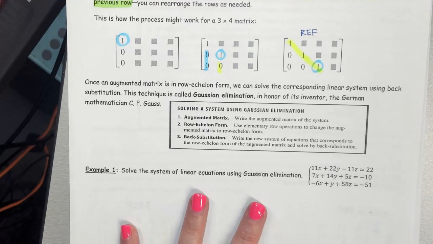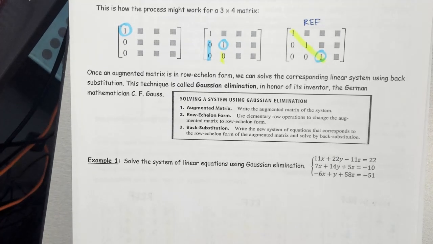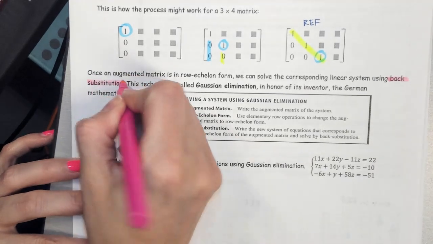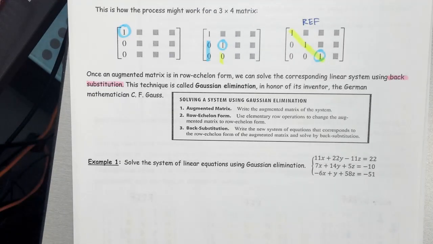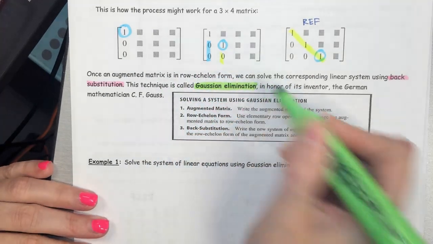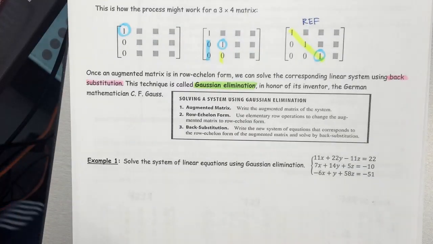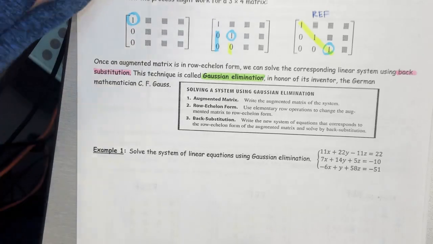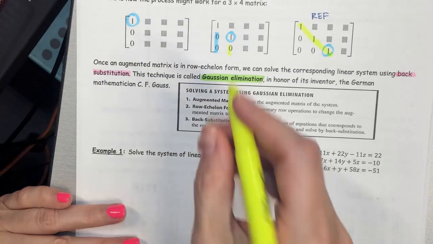Right? So when you have an augmented matrix in that row echelon form, we can solve the linear system using back substitution. So that is what we did yesterday, and that technique is called Gaussian elimination, in honor of its inventor, the German mathematician C.F. Gauss. Okay, so this is just a review of what we did yesterday.